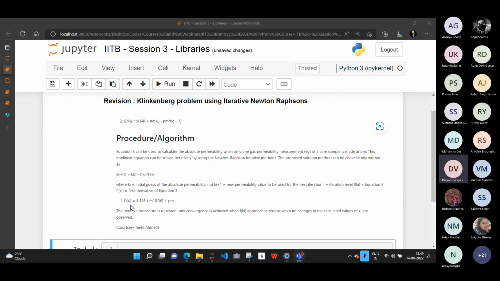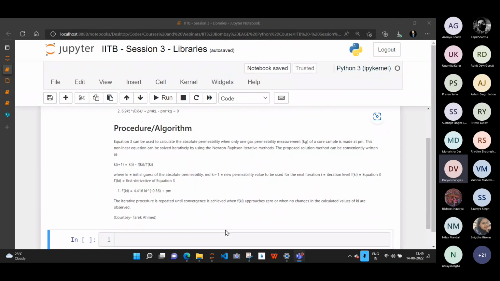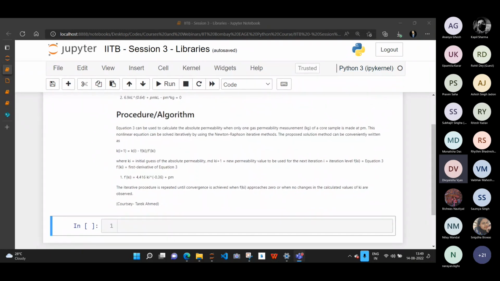We will have to differentiate it one time with respect to k, so that we have f dash k, and this iterative procedure is repeated until we observe convergence. All right, so this is the procedure or the algorithm.